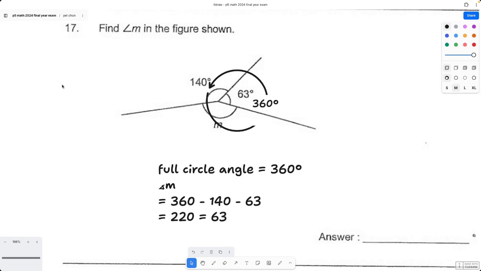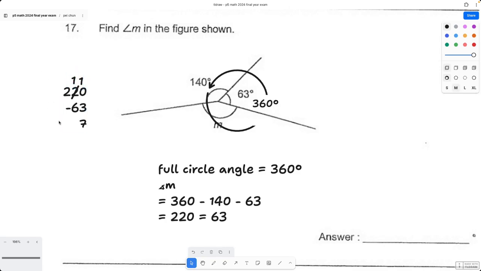You can do your workings. 3 minus 0 is 7. Then we have to cancel 2 to make this into a 1, put 1 over here, and a 1 as well over here.